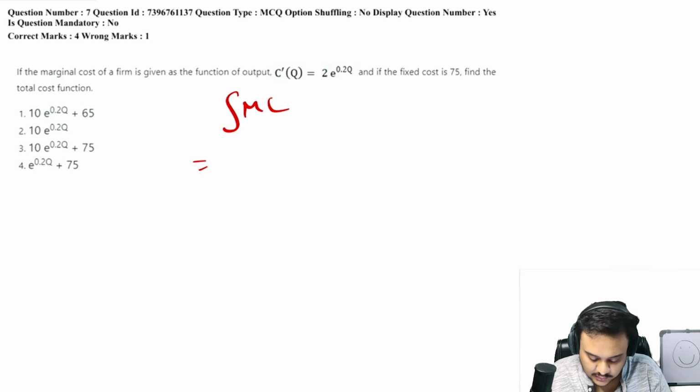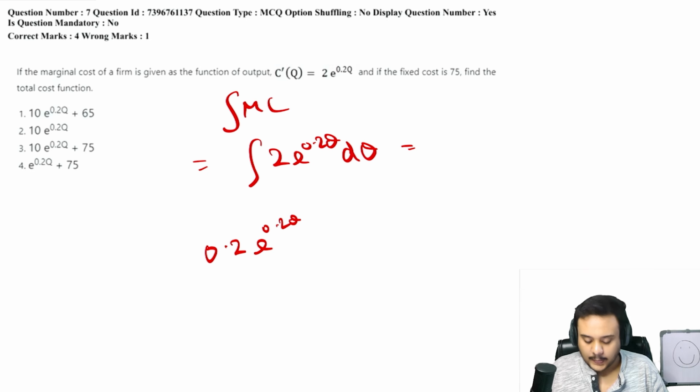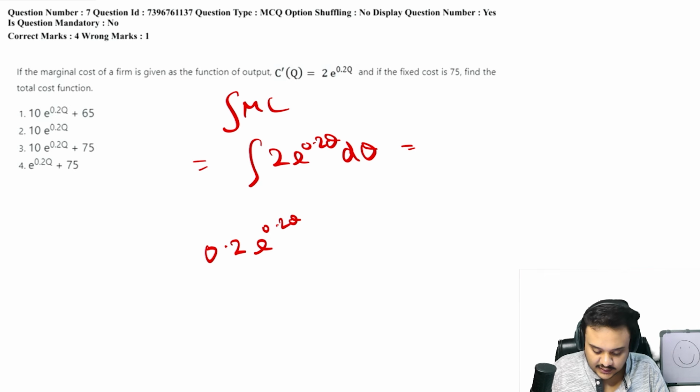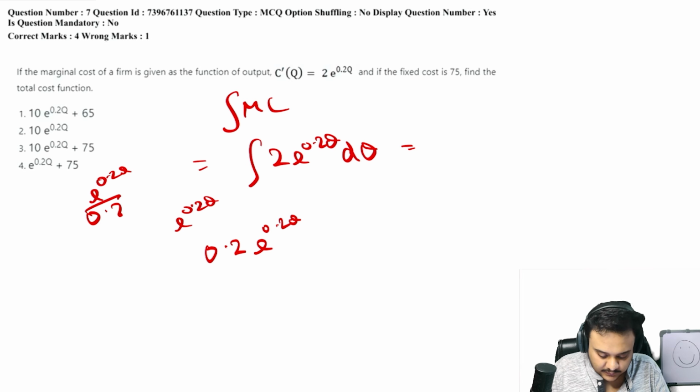Okay, so MC is given as 2e^0.2Q. So this is after differentiating e^0.2Q. But when you are trying to integrate this, you are going to go one level behind this. So e^0.2Q, and you just take this in the denominator, right?